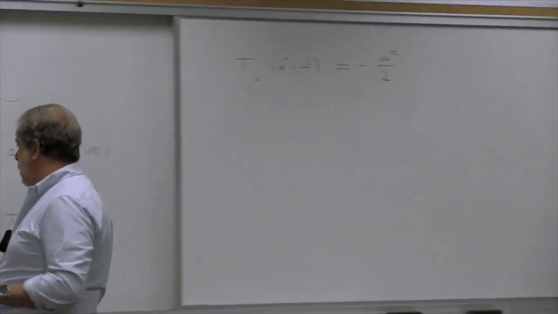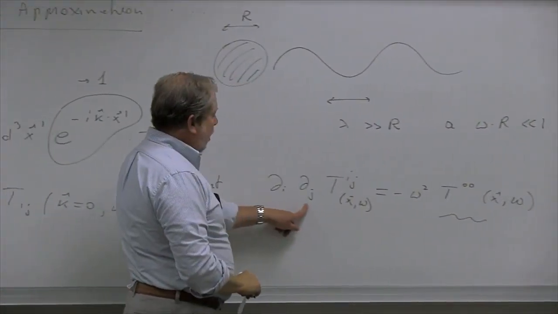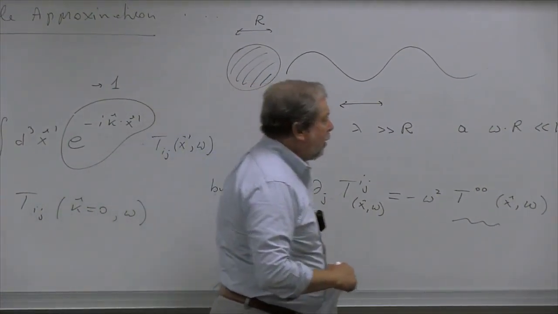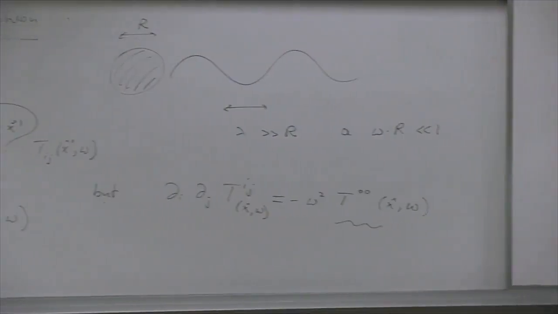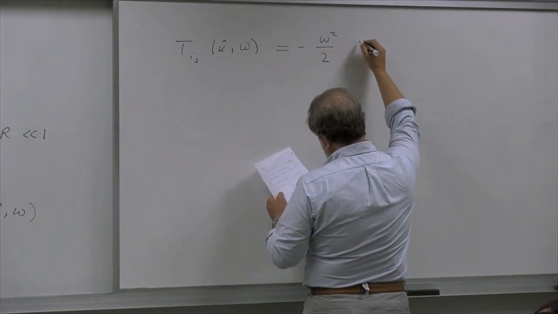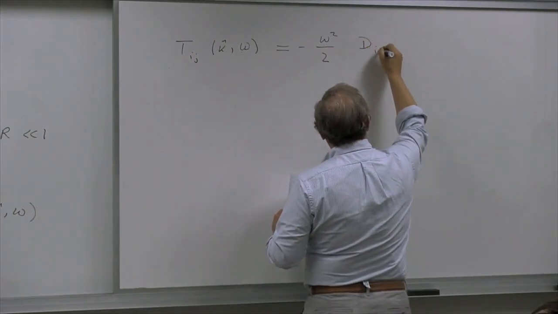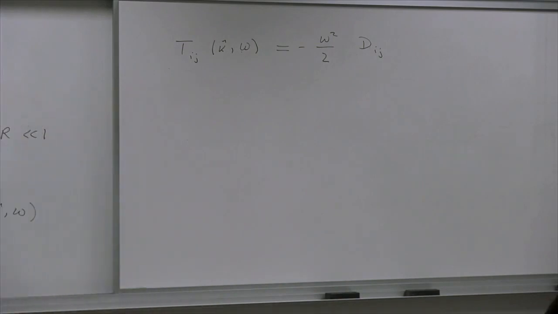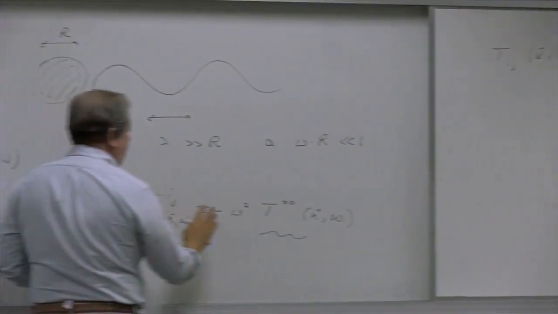So this expression, of course, appears in real space. Now we have to integrate that over x once we multiply by x_alpha and x_beta, say. And so that gives us minus omega squared over 2 times, well, not just a T^00, right? Not just a T^00, because we need to manipulate this a little bit further.